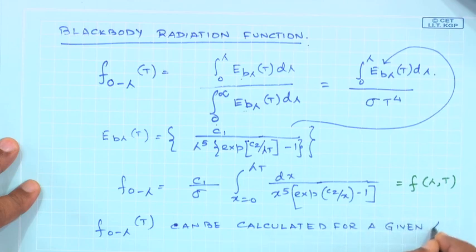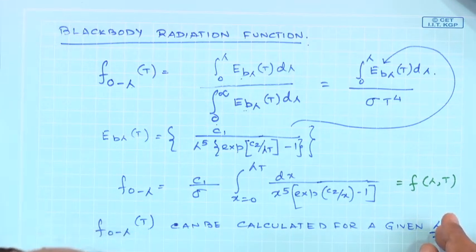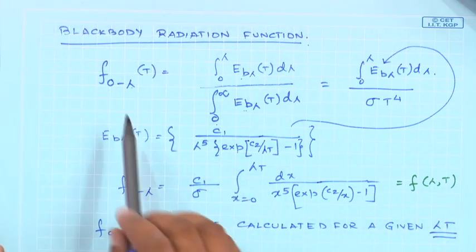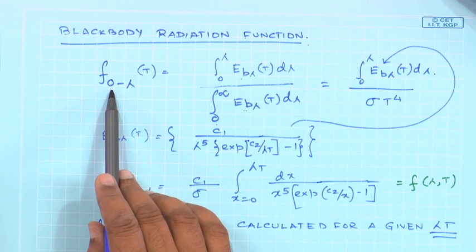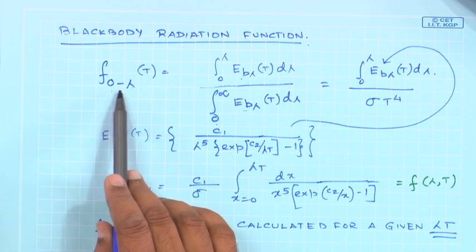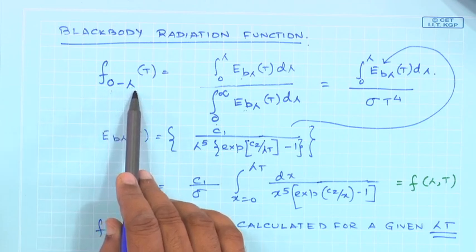given lambda t. Okay. So, in your text, I guess the idea behind this is very clear to you. I am trying to find out the fraction of energy which is emitted by the black body that is going to be concentrated within a wavelength range of 0 to lambda.